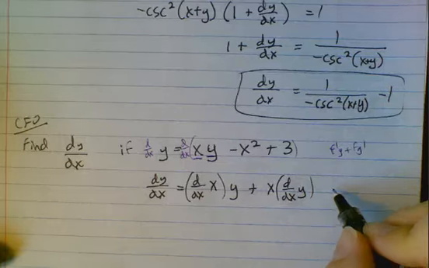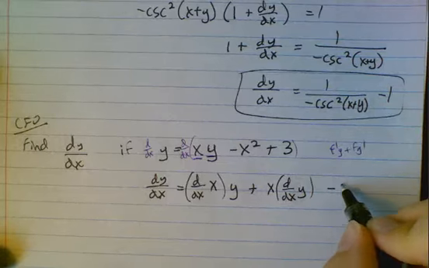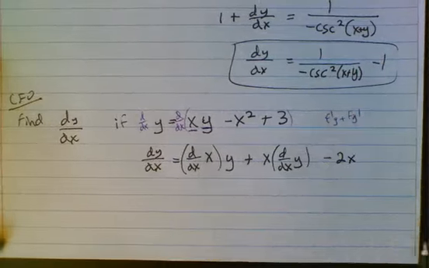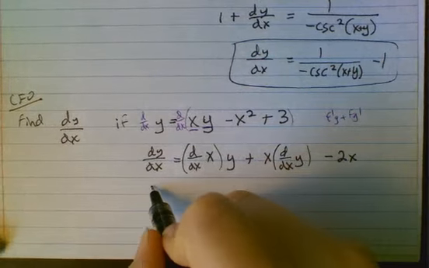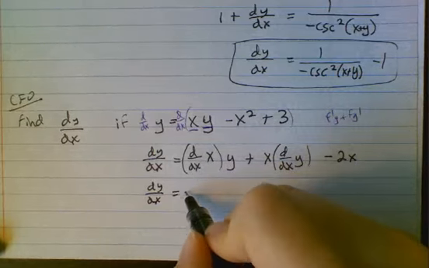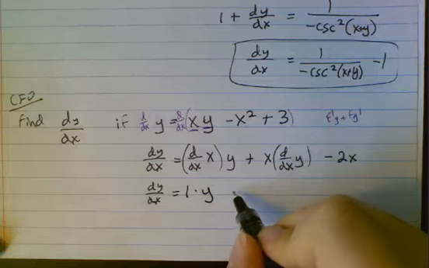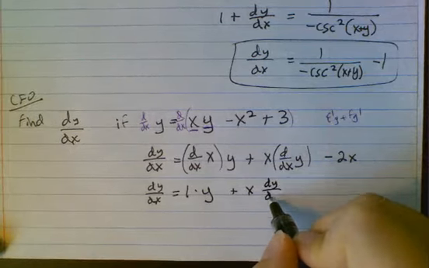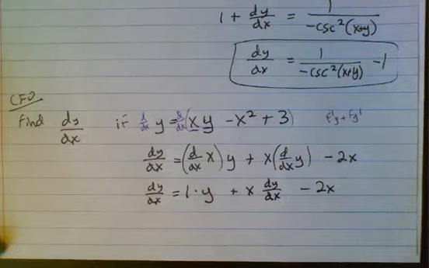This one is just a normal one, so we can just do the derivative right now: minus 2x. Derivative of 3 is 0. So dy/dx equals the derivative of x with respect to x, which is 1, times y, plus x times the derivative of y with respect to x, which is called dy/dx, minus 2x.